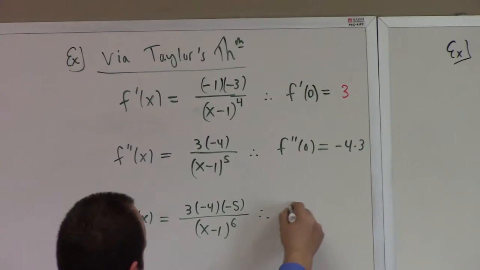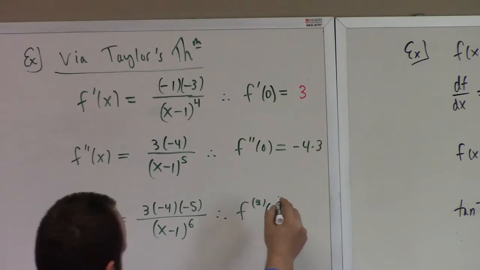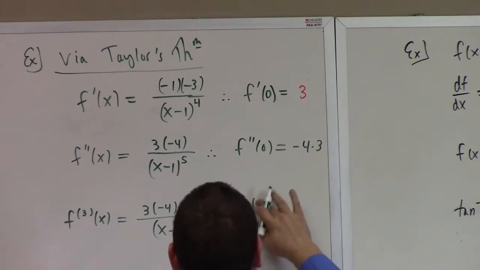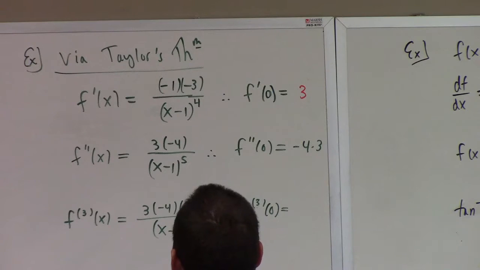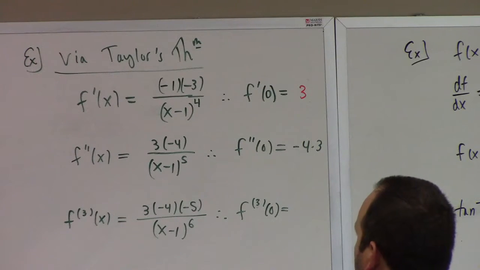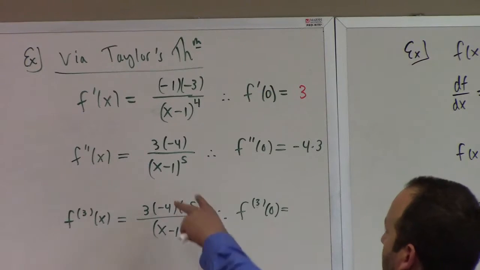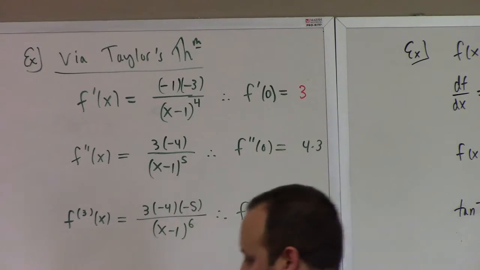Right. So the third derivative, did I make a mistake in the previous one? Well, it's negative 4 times 3 over negative 1, so it's just 12. Oh, I forgot my minus 1 to the fifth, you're telling me. Yeah, thank you. That's good, because this isn't alternating.